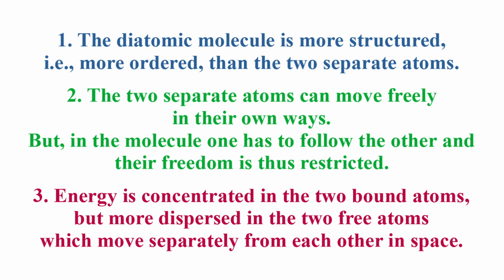In the case of the molecule, the energy is concentrated in space in the two bound atoms, whereas when the two free atoms move separately from each other, the energy is more dispersed. This decrease in energy dispersal leads to delta S being negative.